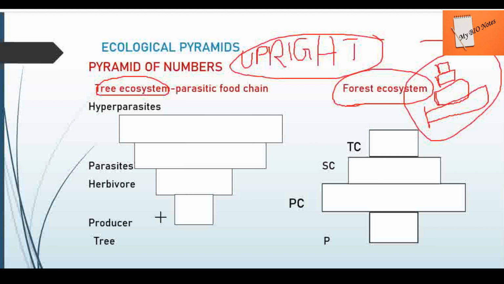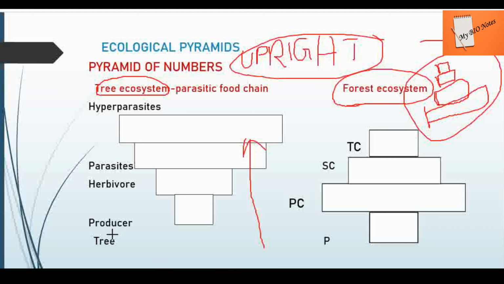But in these two cases the shape of the pyramid will be different. Going from the base to the top level there will be an increase.